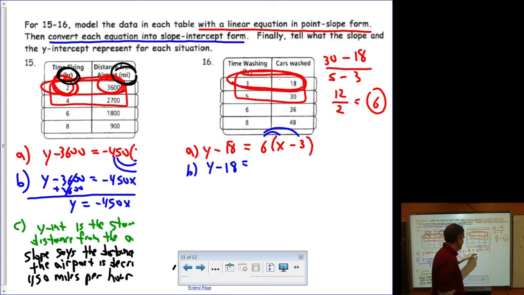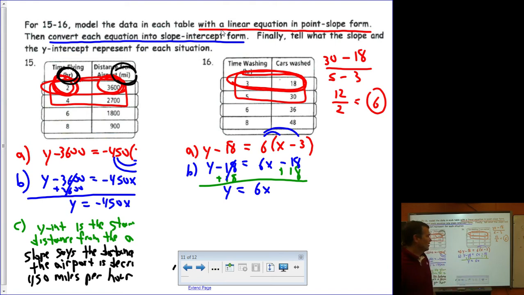First, this would give me 6x minus 18, and then I would need to add 18 to both sides. And that gives me y equals 6x, negative 18 plus 18 is 0. I just get y equals 6x.